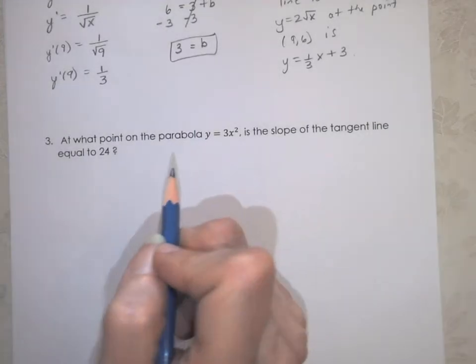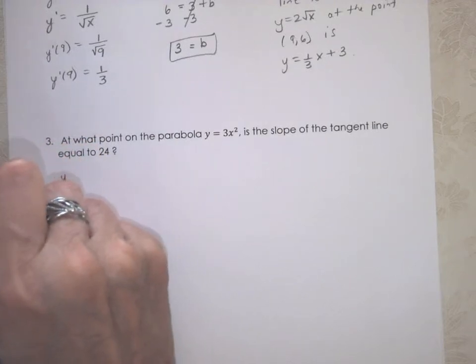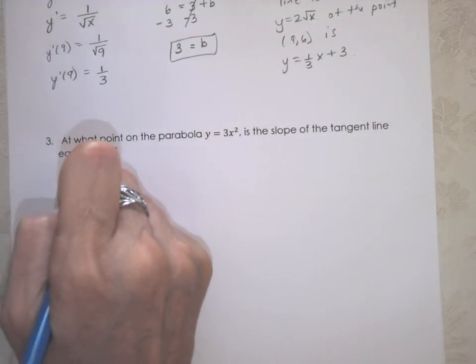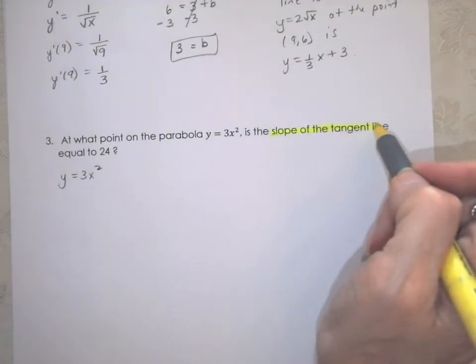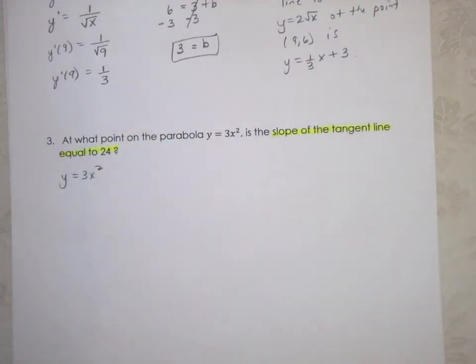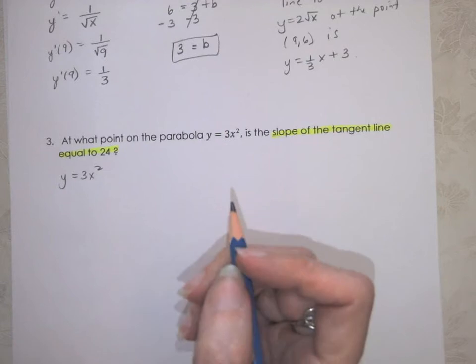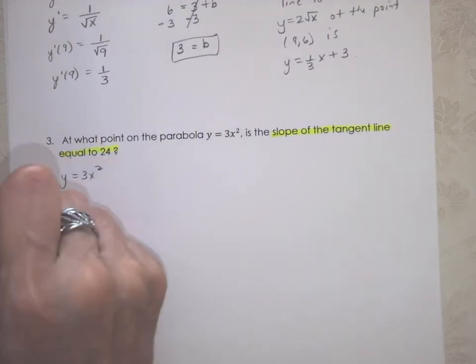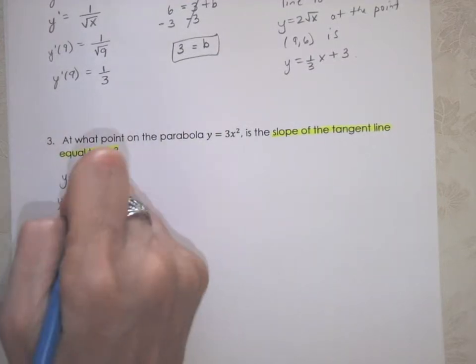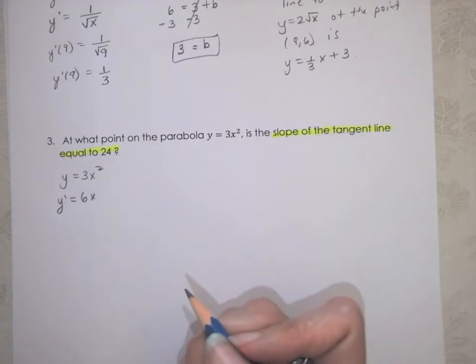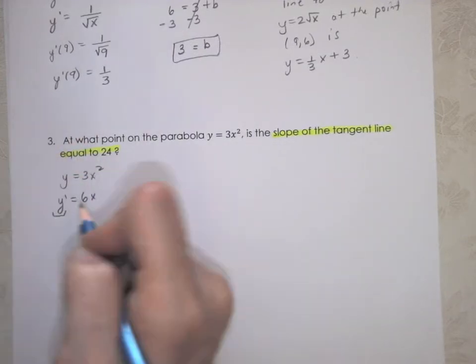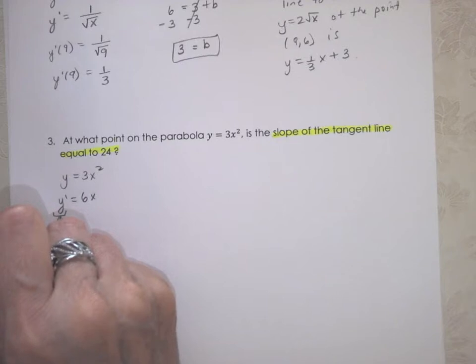So, all right, first of all, we've got our function y equals 3x squared. We want to know where is the slope of the tangent equal to 24. So first we're going to find an expression for the slope of the tangent by finding y prime. So y prime equals 6x, that represents the slope of the tangent anywhere. Remember, this means the slope of the tangent, y prime.